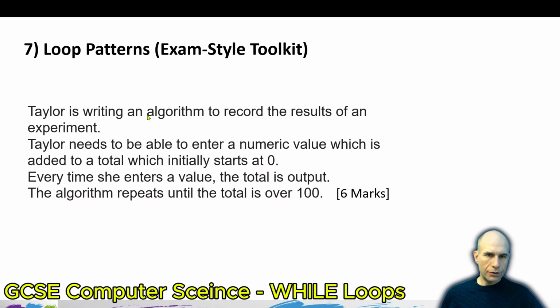Taylor is writing an algorithm to record the results of an experiment. Taylor needs to be able to enter a numeric value which is added to the total, which initially starts at 0. Every time she enters a value, the total is output. The algorithm repeats until the total is over 100. Okay, so let's get this into our code station and we'll continue from there.